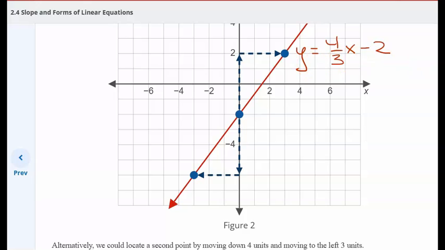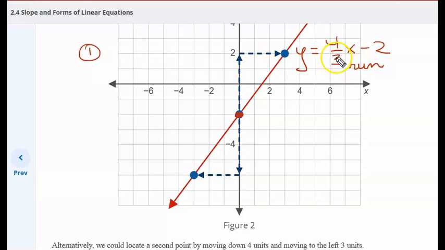Once an equation is in slope-intercept form, the first thing we do is plot the y-intercept, which is -2. So we put a dot on -2. Then there are a couple of ways to do it. I like to do the run first.